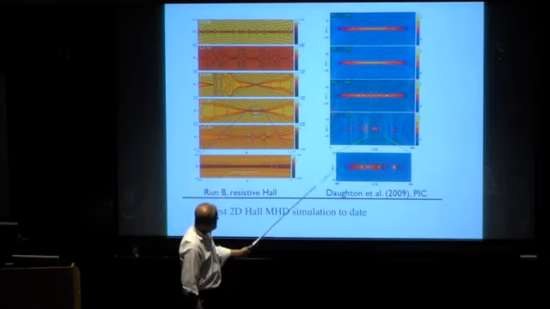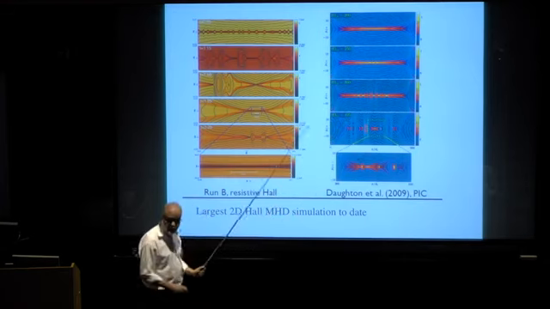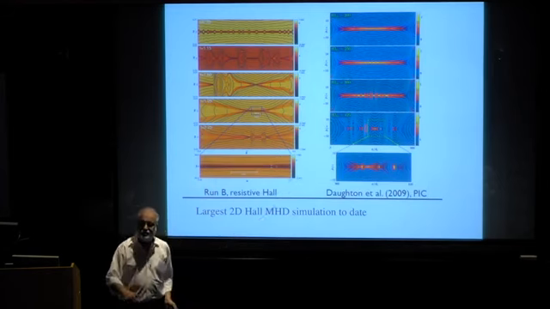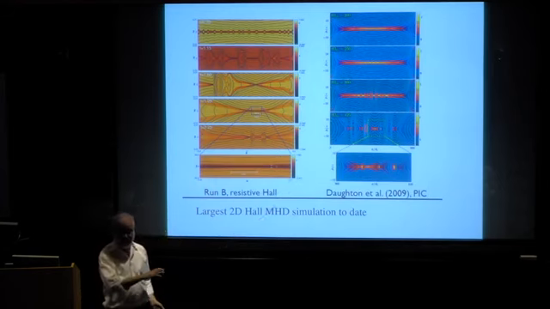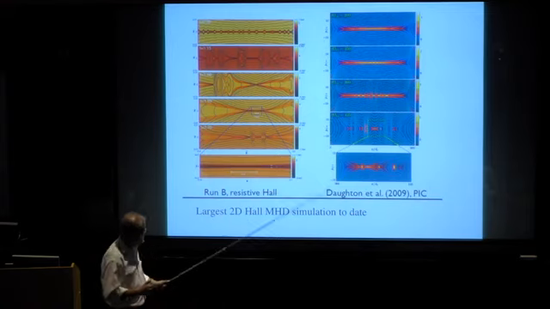This is PIC simulations, no collision operator at all. Very similar plasmoid structure. The theory for the fluid case is much better developed than the collisionless case. There's a lot of analytical work, both in linear and nonlinear regime, that we need to do to make sense of these beautiful results. But theory, there's a lot of serious work to be done, a lot of analysis to be done to make sense of these results.